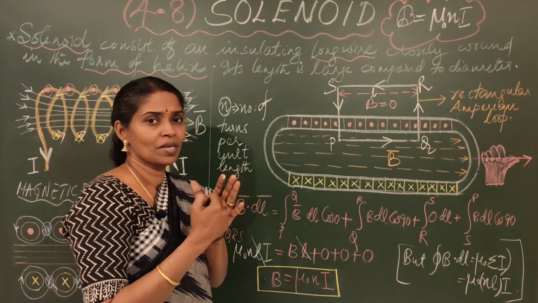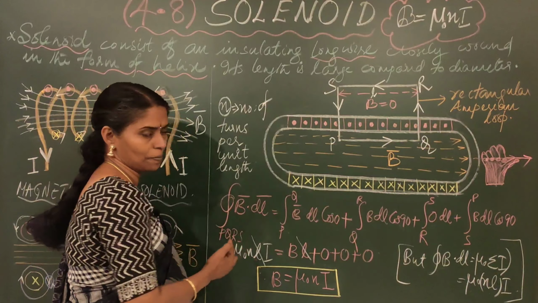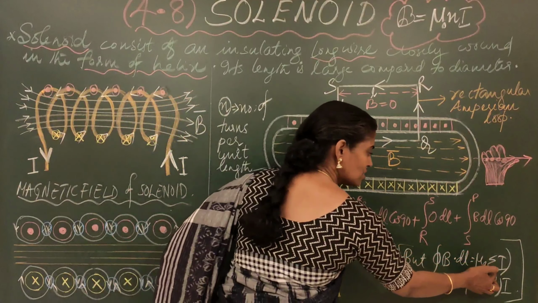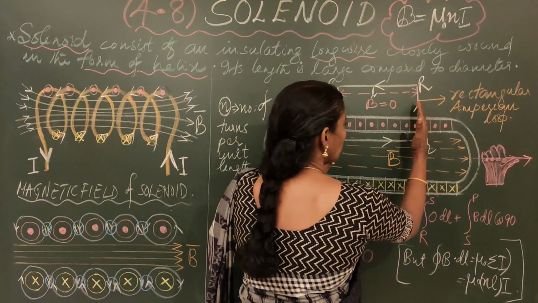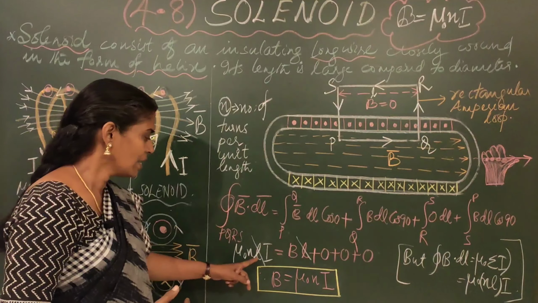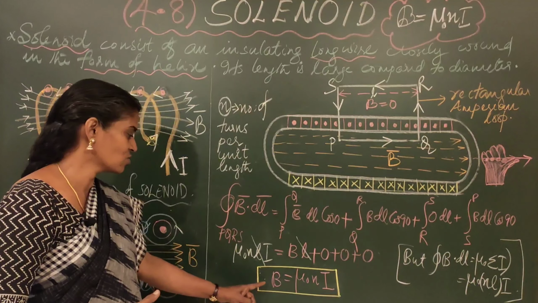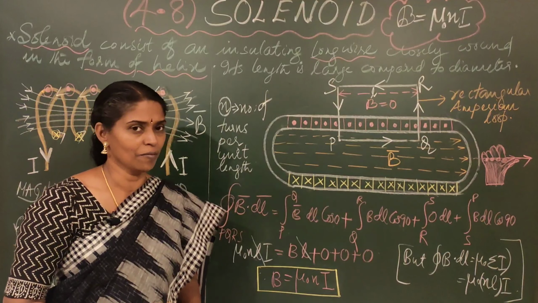You have to count. How many? That is n into L. So much current. So sigma I is the total current in the loop. In the loop you have a total current nL into I. L and L cancel. The answer is B is equal to mu 0 times nI.